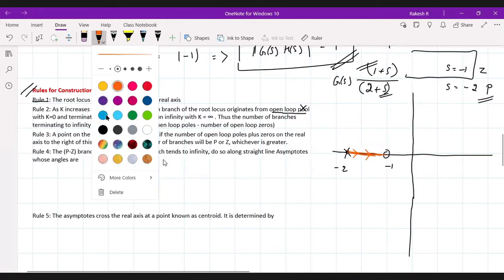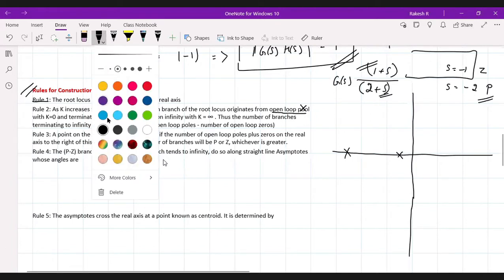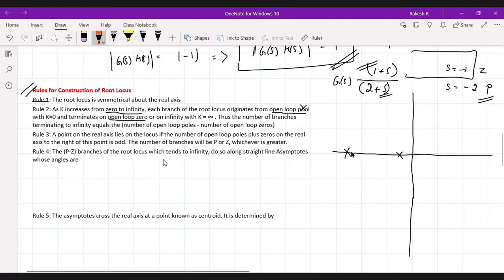In some questions, we'll be having two poles like this, and we will not be having any zeros. So the root locus will start from the open loop poles. One root will start like this, another root like this.